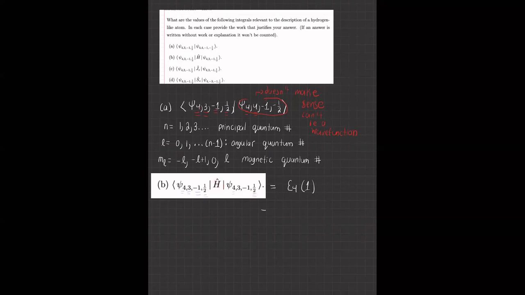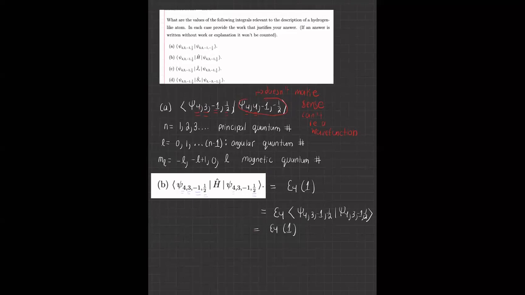I'll just write it out and solve it here. So this is just going to be equal to 1 because these are normalized.